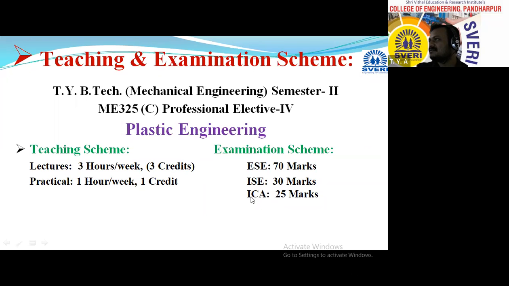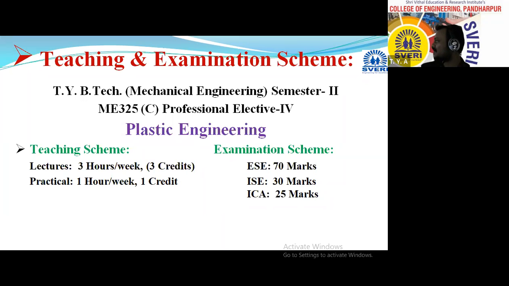Then this is ICA, internal continuous assessment. Internal continuous assessment means whichever practical work. Of these, ESE and ISE carry your lecture-based syllabus only. In the ICA, your practical-based syllabus will be there. Whichever practicals we conduct, you have to write journals for them, that is your lab book.